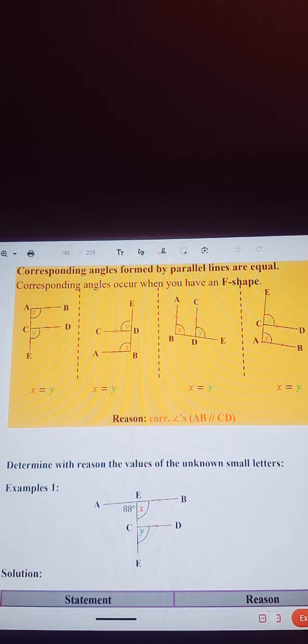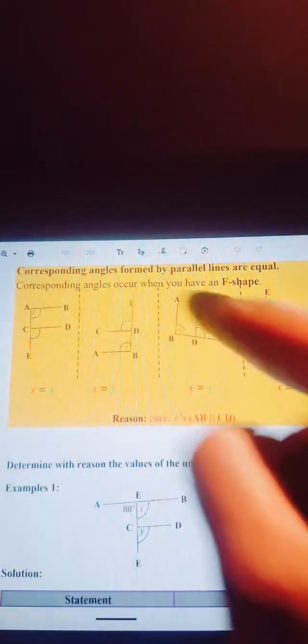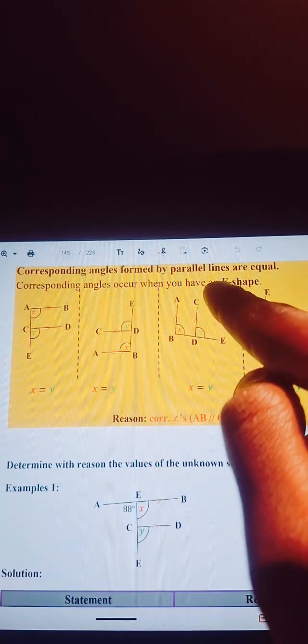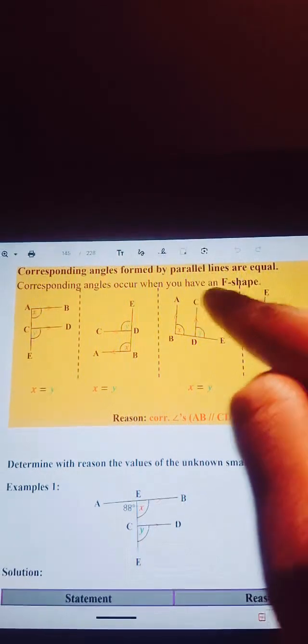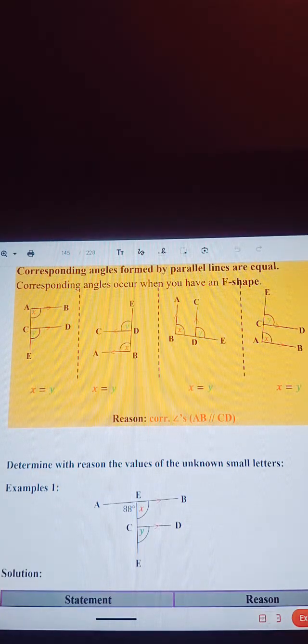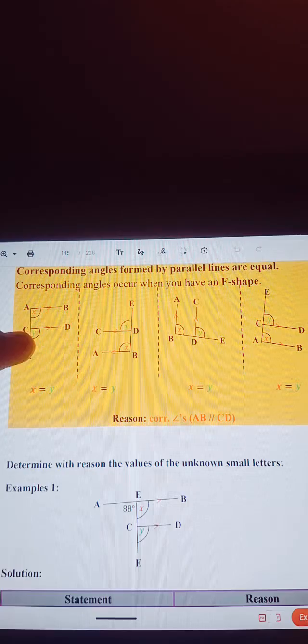Bottom, bottom. That position of angles is called corresponding, and we characteristically say corresponding has to do with the F shape. Same position on that line, same position on the other line, we say these two angles are corresponding.